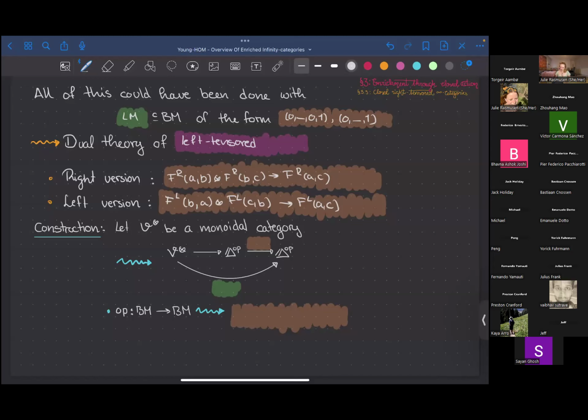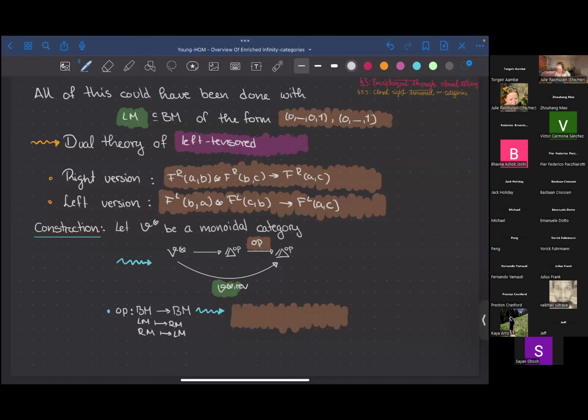So if we have a monoidal category, V tensor down to delta up, we can compose that with the opposite functor that takes a set and then reverses the structure. That will again be a monoidal category. We denote that by V rev because the structure is reversed. And we can also extend this opposite functor from delta up to Bm, which will then send Lm to Rm, and vice versa.